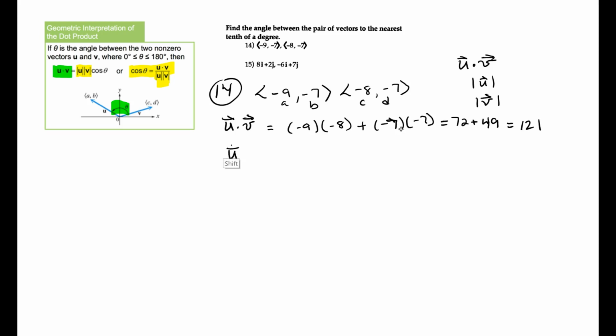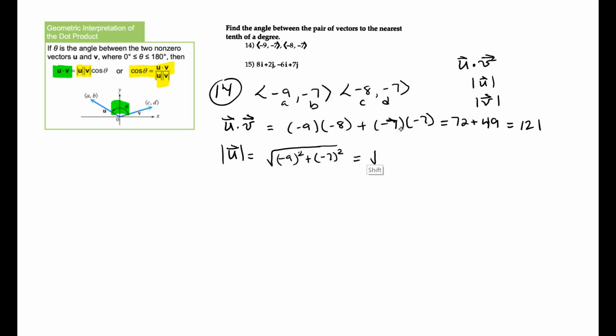Now we're going to find the magnitude of u, and in doing so, this is like the Pythagorean theorem, and it's relatively easy. Just be careful and don't forget that if you have negative numbers, put them inside parentheses.